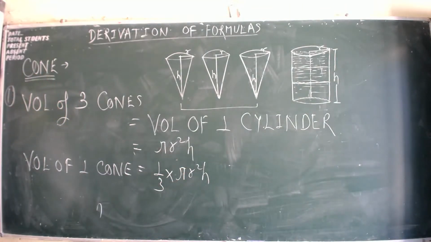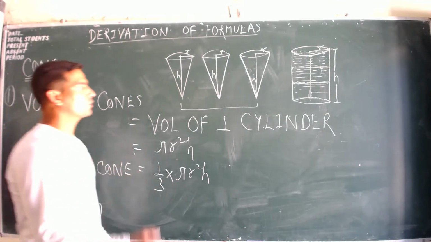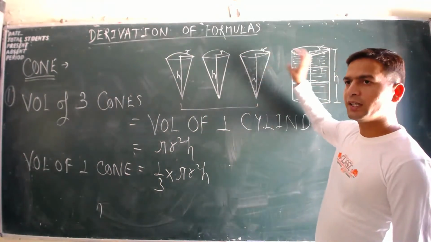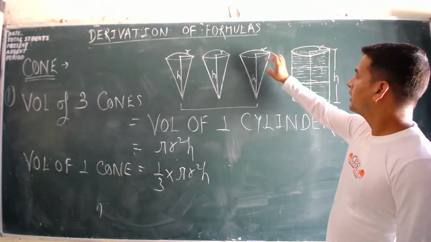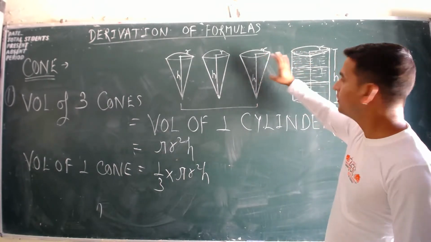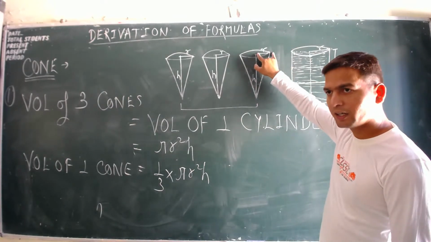Clear? Got it? Again, I would like to tell you, we have taken 2 equivalent figures. One is cone, second is cylinder. Equivalent means having same edges, height, radius.